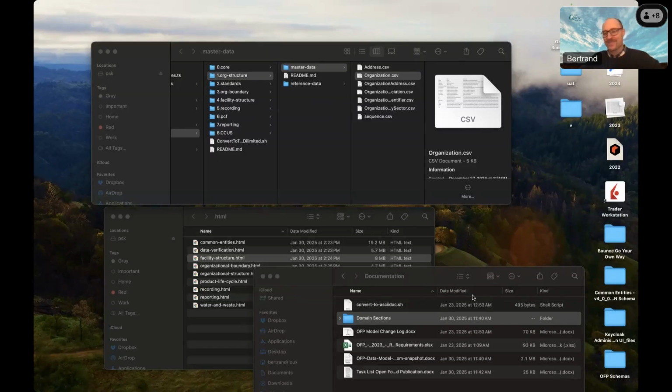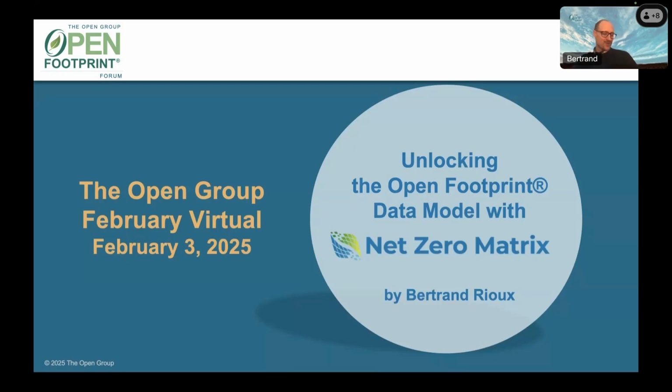Yeah, so as AJ has mentioned, and in our introduction, I'm working as a project manager with Net Zero Matrix. We've been working closely with the Open Footprint Forum for just about 2 years now.